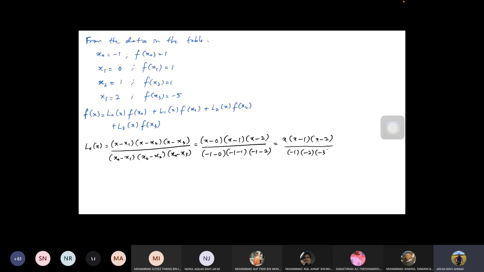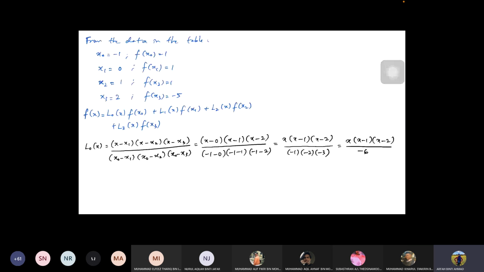Dapat sama tak? Dapat sama tak? So dapat x, x minus 1, x minus 2 dibahagi dengan negatif 6.